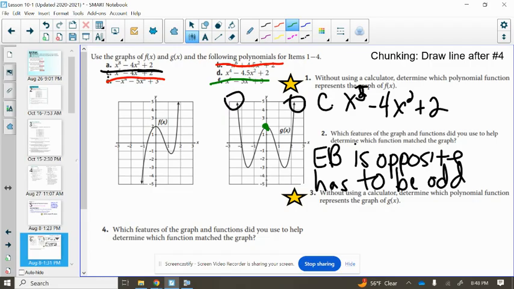Well, another thing we can do is test which of these zeros are going to exist. For instance, we see that 2 is a zero on our graph.